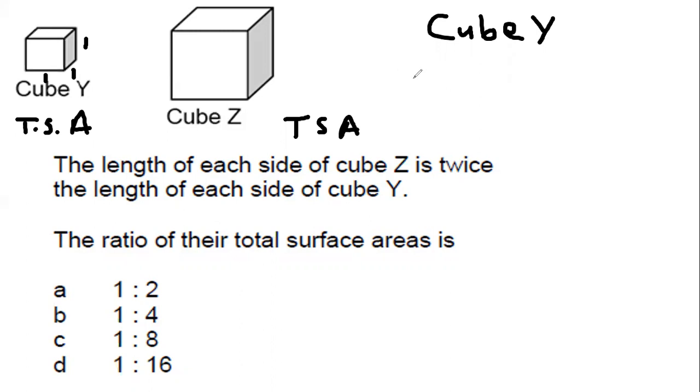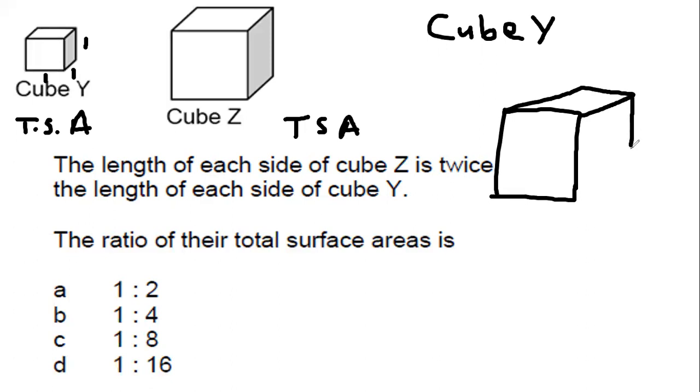So in a cube, let me see if I can sketch a cube right here. How many faces or how many sides does a cube have? 6. It has 6, not true?